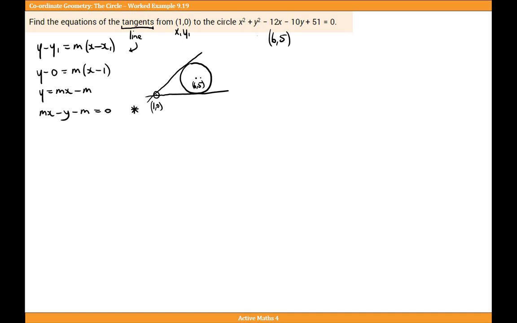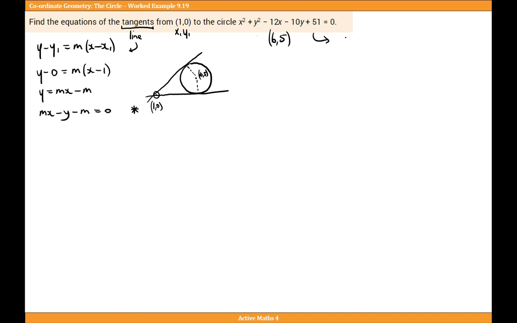Now the key to this question is that the perpendicular distance from the tangents to the center of the circle is equal to the radius. Let's put 6, 5 up here. So there are the perpendicular distances, and they need to be equal to the radius. Now what is the radius?